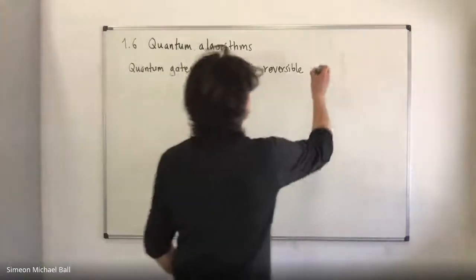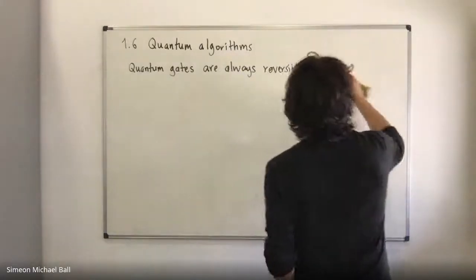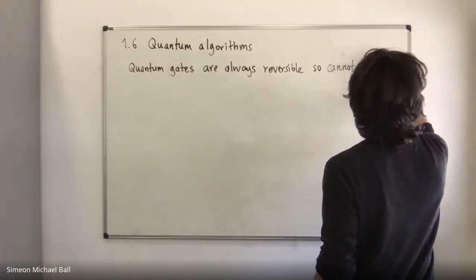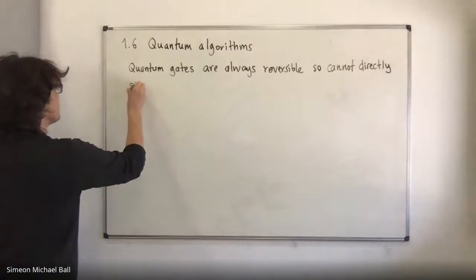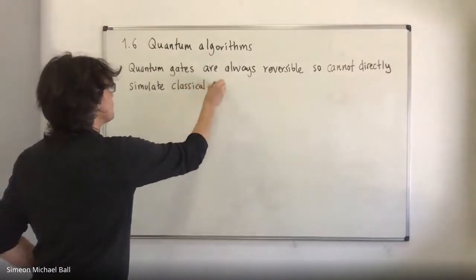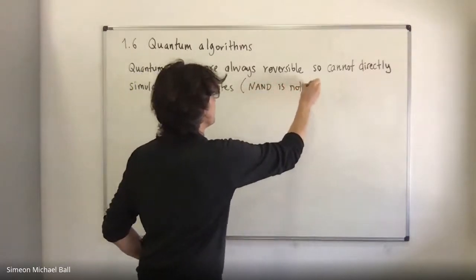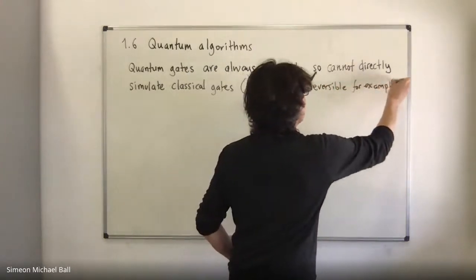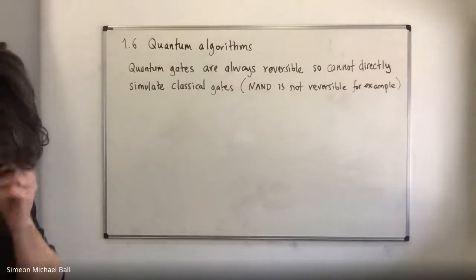So some classical gates in general are not reversible because often they just take two things to one thing.